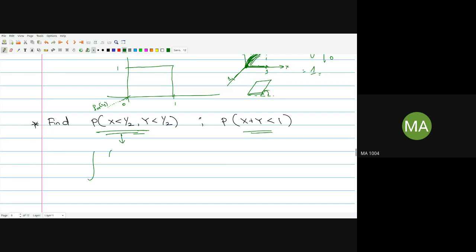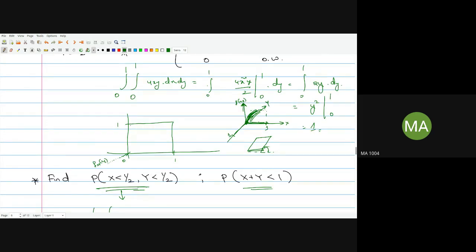Now I have to integrate along the event, along the region. So x is less than half. Now see, this is the region of x and y. What we want is x should be less than half, as well as y also less than half. So that is this square, half and half.